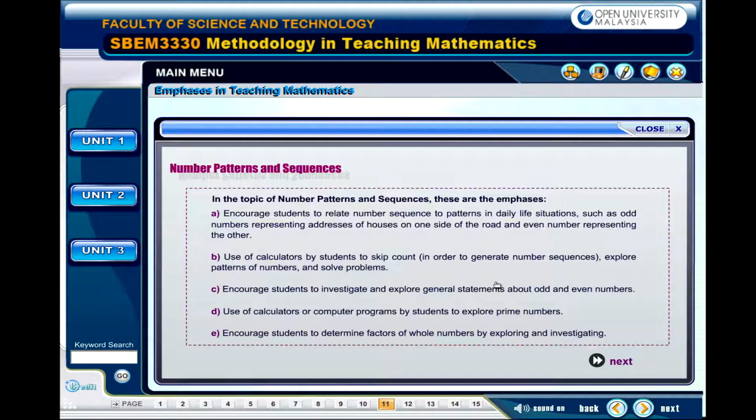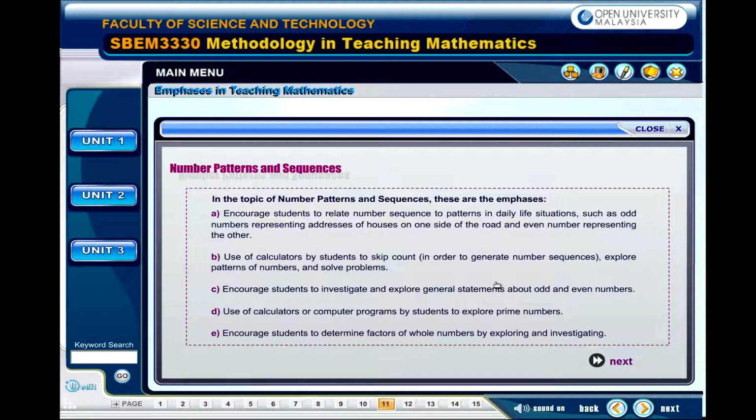B. Use of calculators by students to skip count in order to generate number sequences, explore patterns of numbers, and solve problems. C. Encourage students to investigate and explore general statements about odd and even numbers.